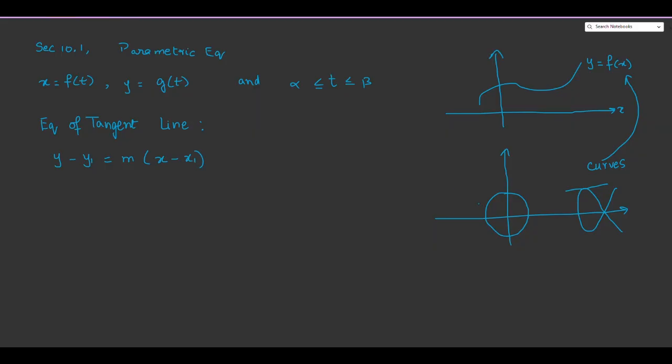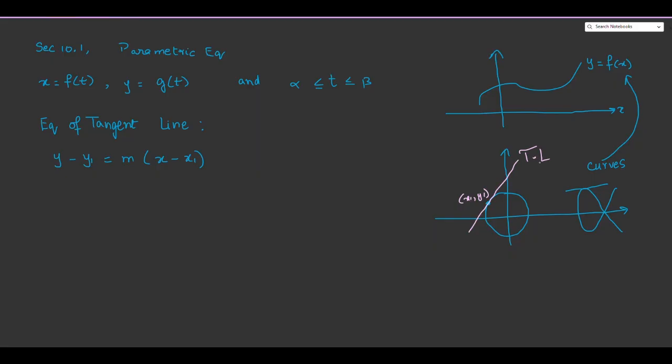For example, suppose that here we have a point, and its coordinates are given by x1, y1, and we want to find this tangent line.